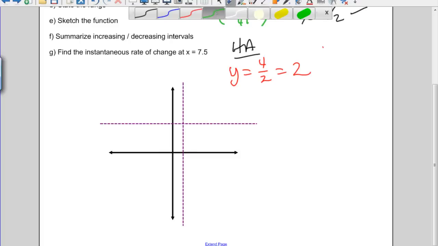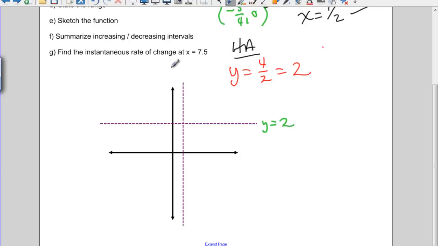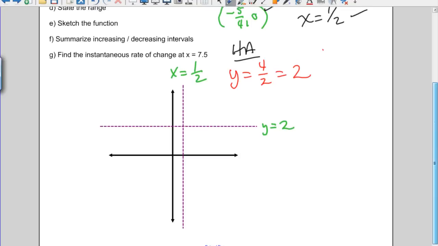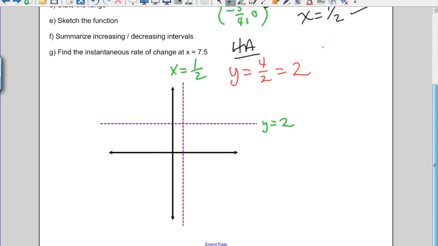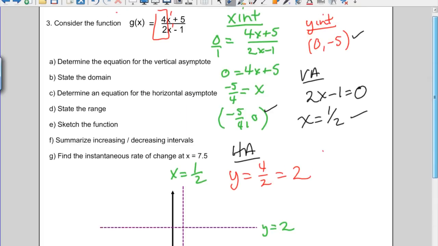I'm going to go back and label those. Y is equal to 2, and x is equal to 1 half. We also have some x and y intercepts. The x-intercept's at about negative 1 1/4, and the y-intercept, I believe, was at negative 5.